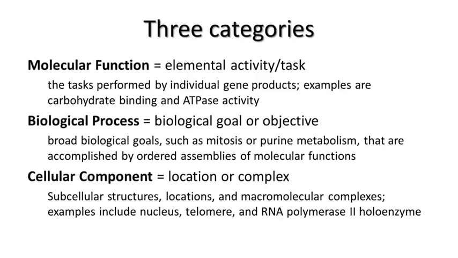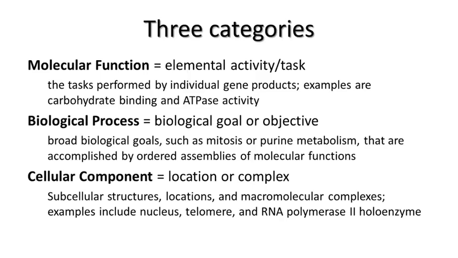The molecular function describes the elemental activities or tasks performed by individual gene products. For instance, carbohydrate binding or ATPase activity. The biological process describes the biological goals or objectives that are accomplished by ordered assemblies of molecular functions.